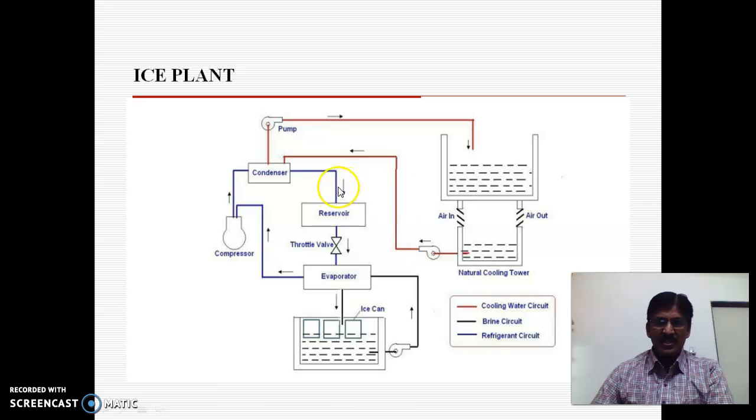Here you can see that this pump is used to circulate the water into the condenser. Whatever heat is taken from the brine is rejected into the condenser. The same basic fundamental refrigeration cycle works: the compressor compresses the primary refrigerant, it goes to the condenser and rejects heat there, then goes to the expansion device, the throttle valve, and after that to the evaporator, where it takes heat from where we require the cooling effect, that is from the brine.